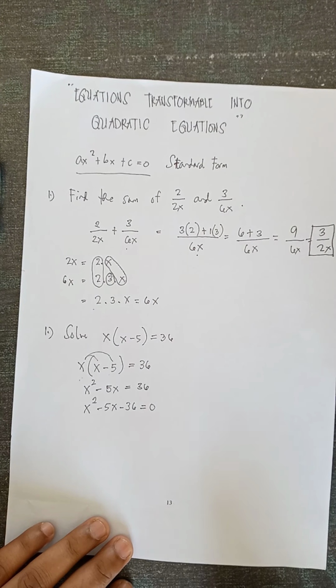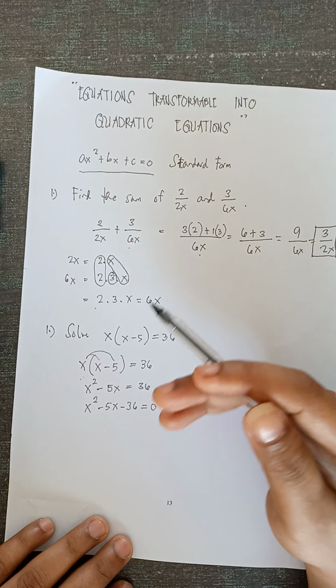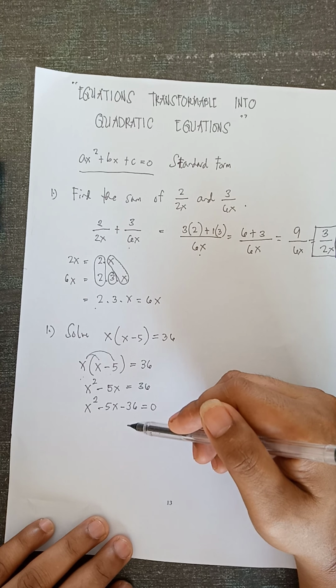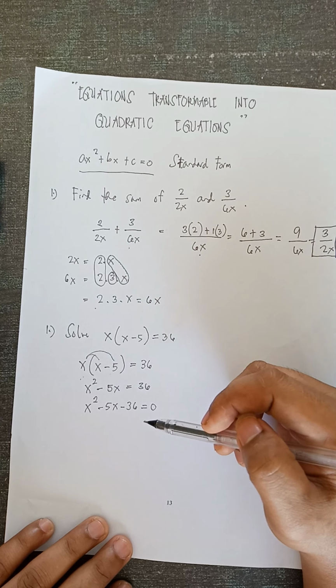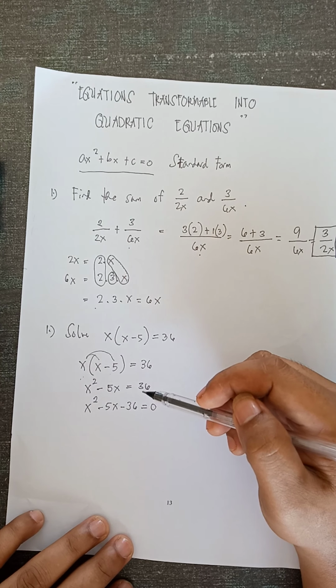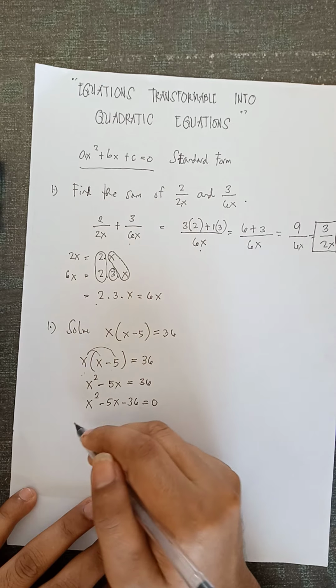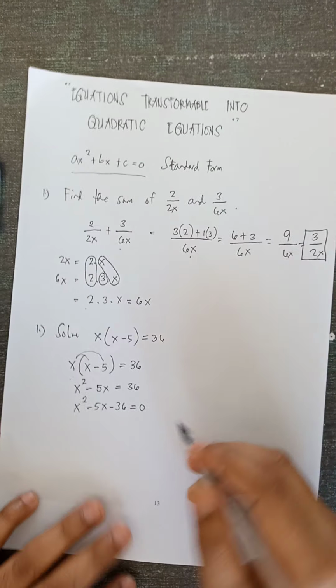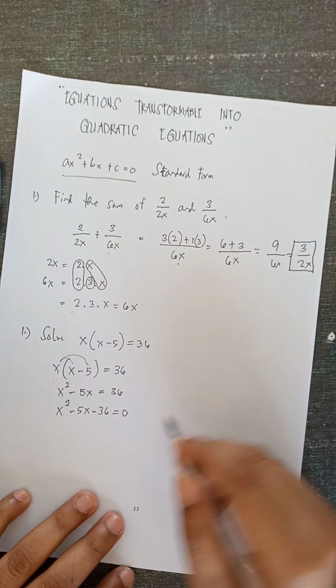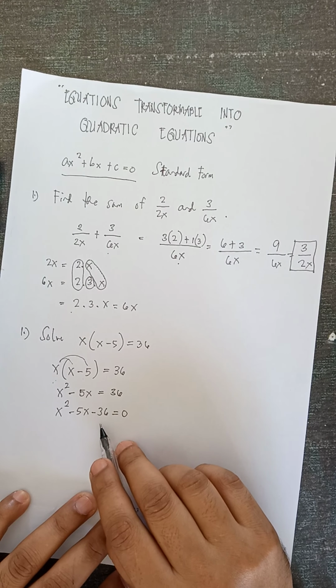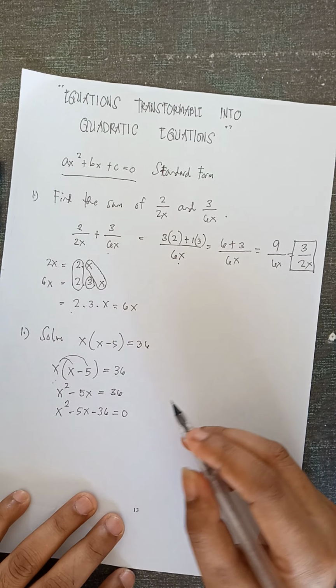So this time we're going to get the roots of this given quadratic equation. We are going to use the factoring method. So we look for the factors of negative 36.